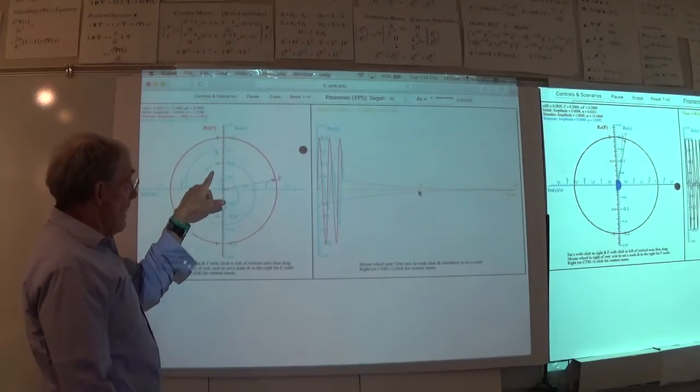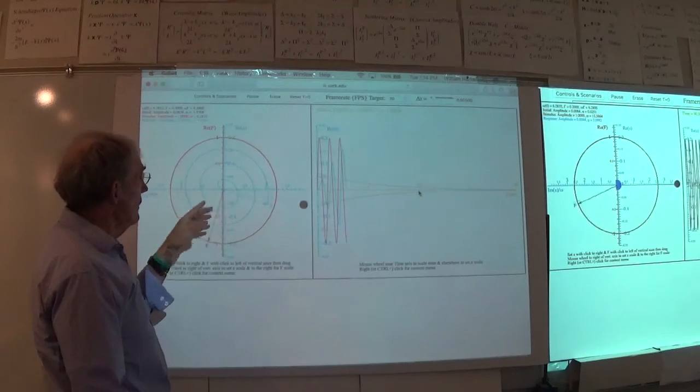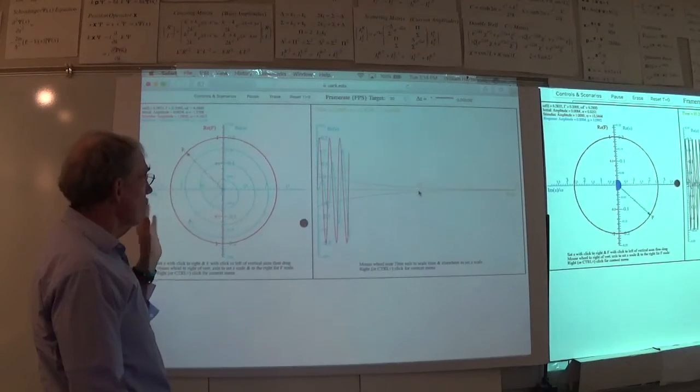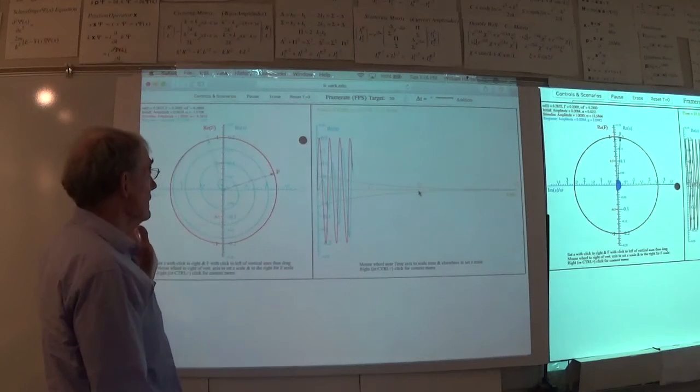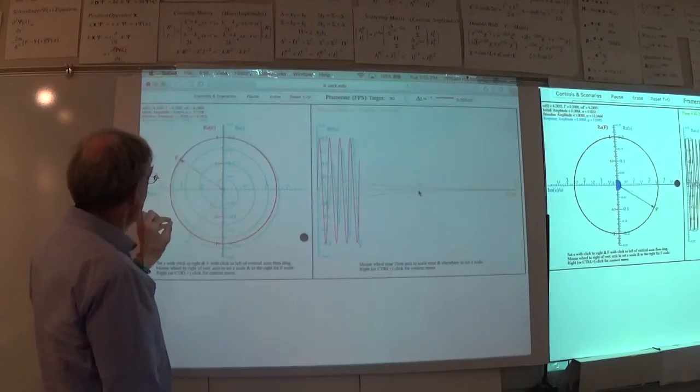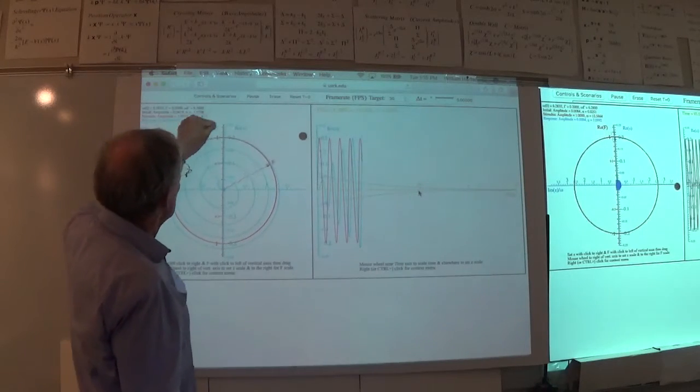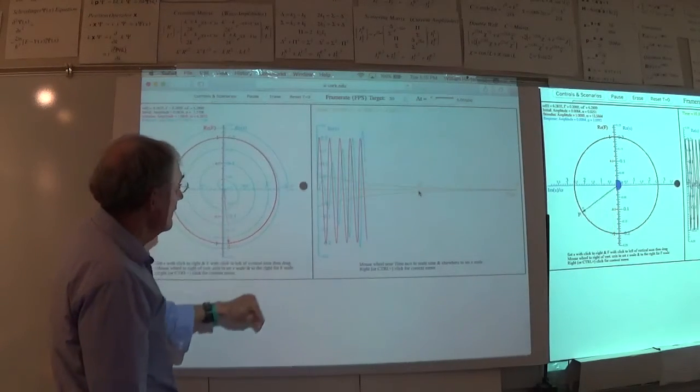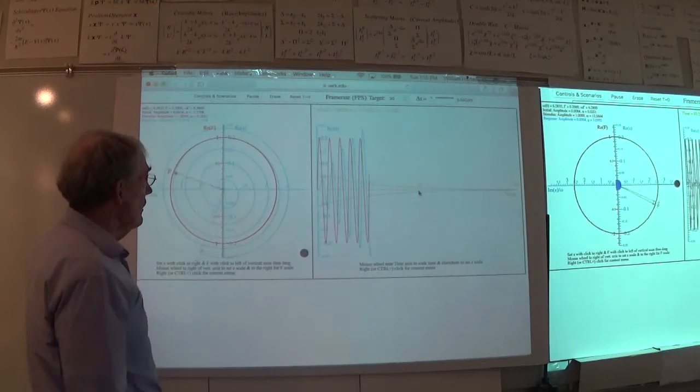But after a while, it just settles in. This is something that happens automatically.